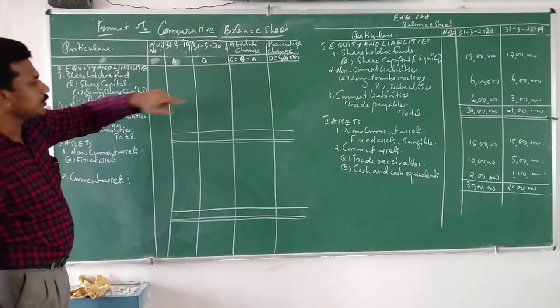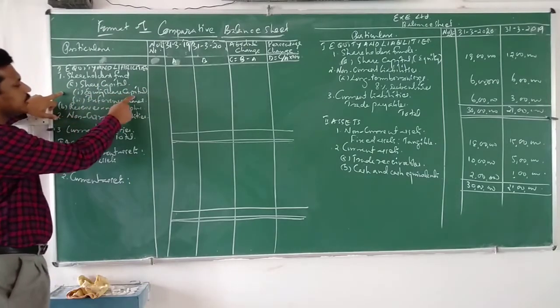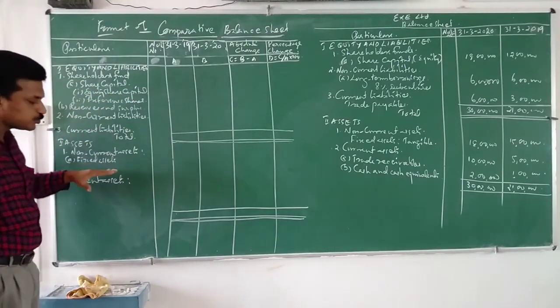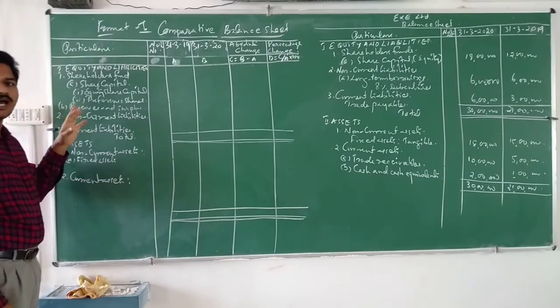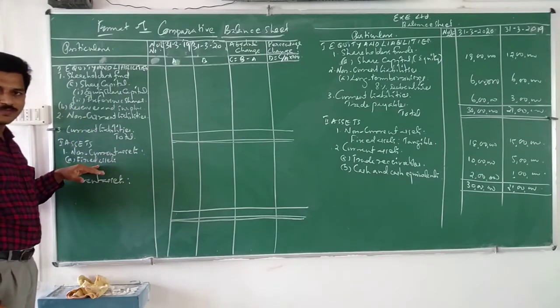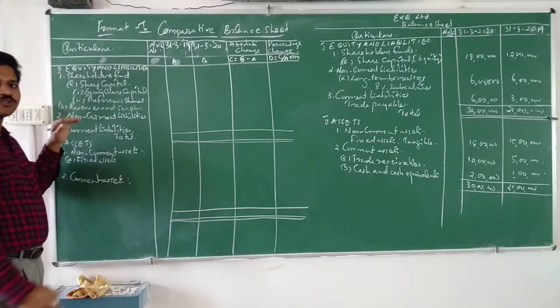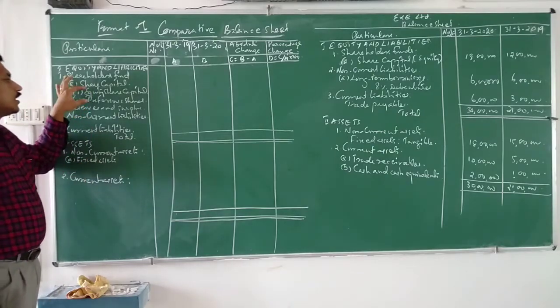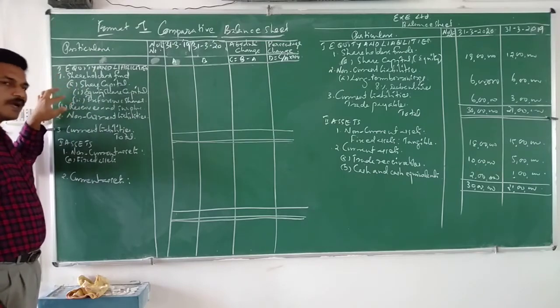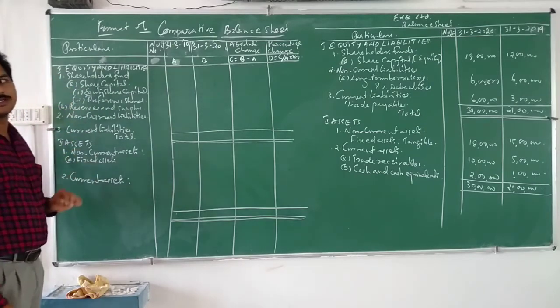First item, equity share capital. Here due to space shortage, I have not written all the items. I have told that it is to be written in the format of a balance sheet, so all the items which are there in the subheadings also must be written.